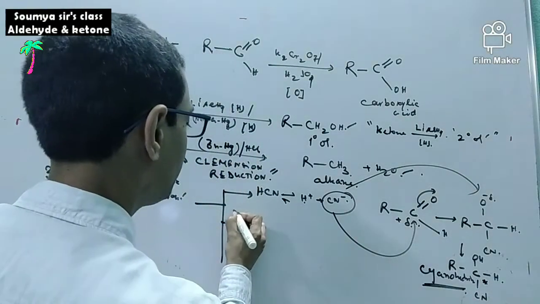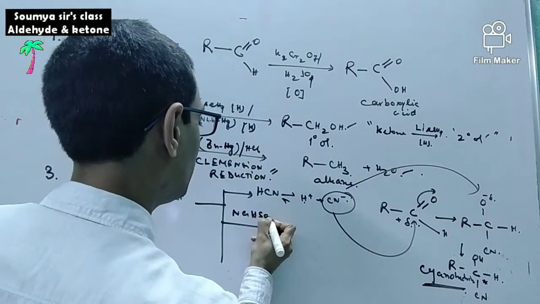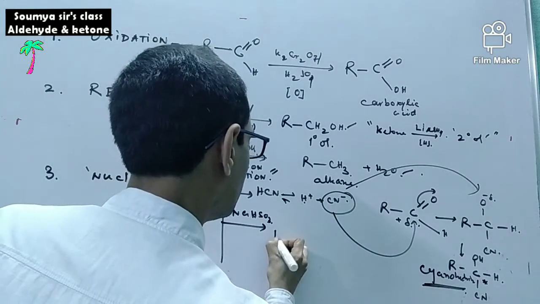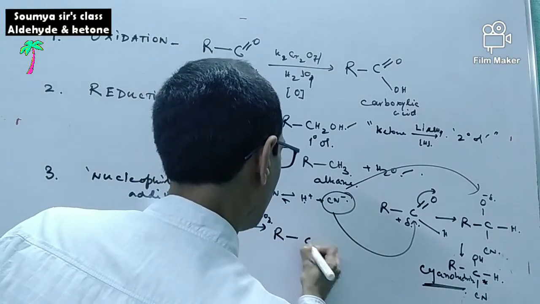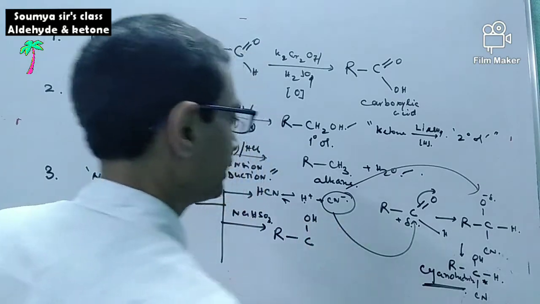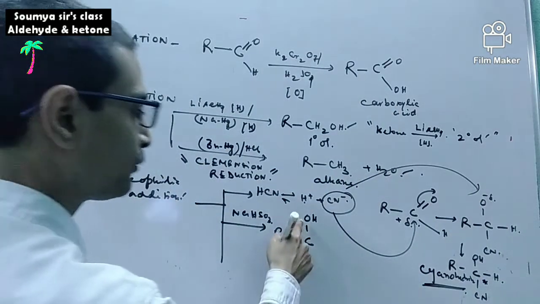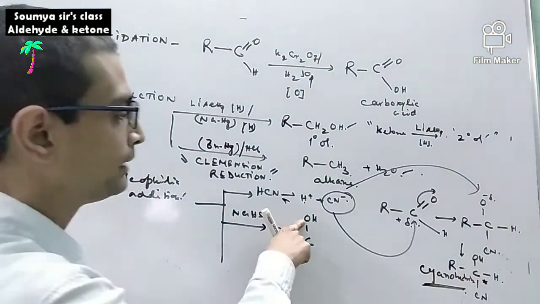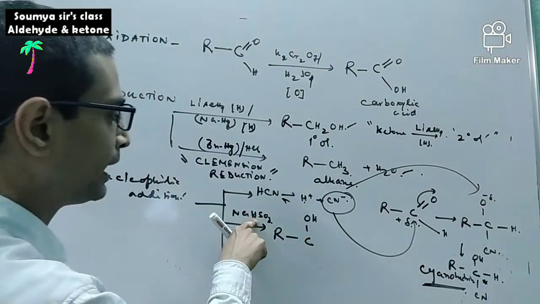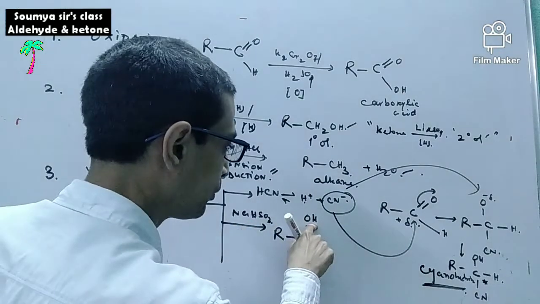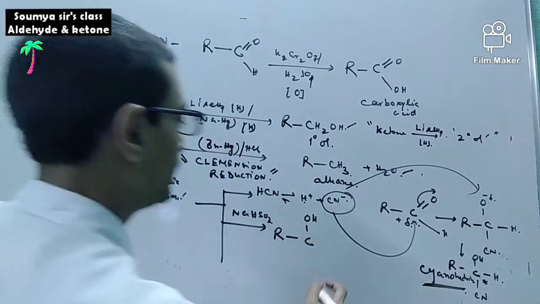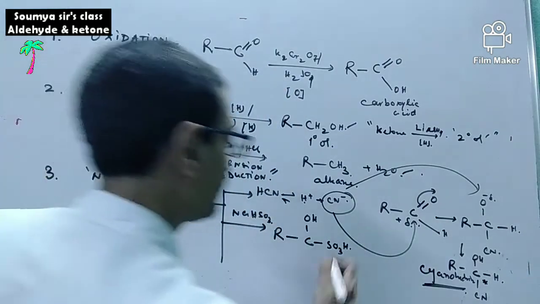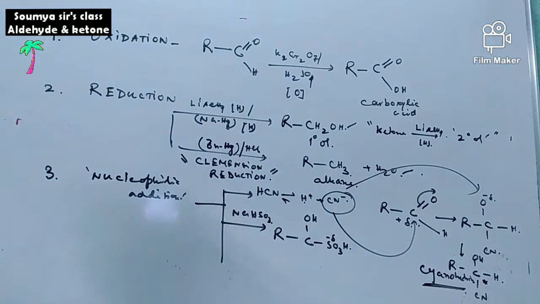Number 2 is NaHSO3, which commonly gives the bisulfite compound. Things are like this: RCHO, just like the previous one. At first the O becomes O negative delta, then the H plus of the NaHSO3 attacks the O minus to form OH, and SO3Na comes as the nucleophile.